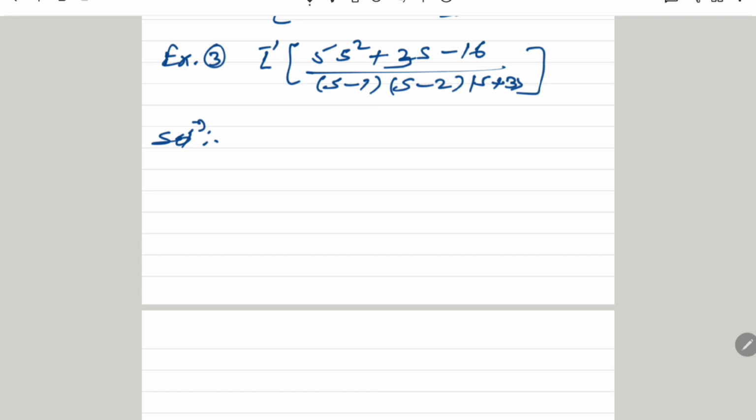2 is less than 3, which means it is a proper fraction. Degree of numerator is less than degree of denominator.